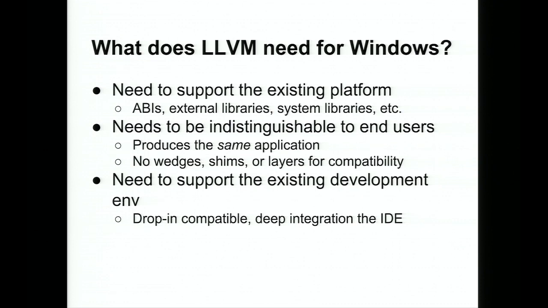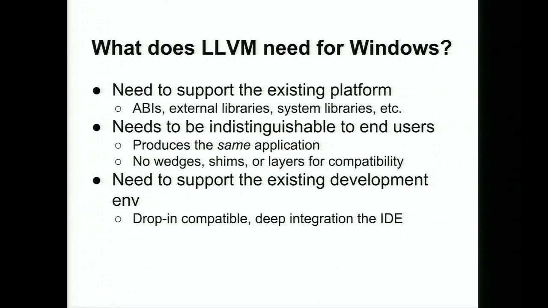So what do we need to do to get there? The biggest barrier is that you really have to be able to integrate into the existing platform. There are a lot of libraries on Windows, and they all have this ABI. If you want to compile your code with Clang, you need to be able to support that ABI so that you can link against system libraries like the standard library that everybody's using, or external libraries.